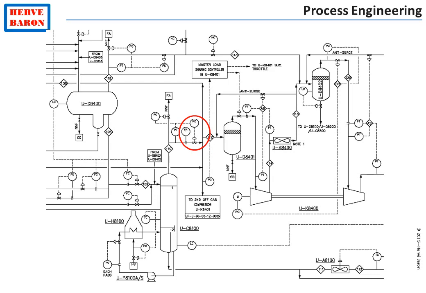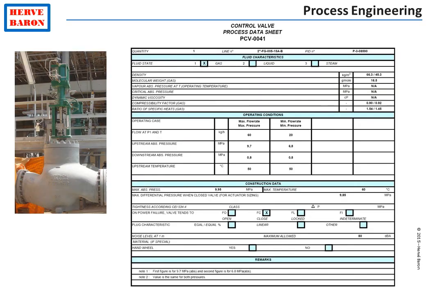Process must provide information on the control valves in order that they are properly sized by the vendor to cover the entire operating range. This is done by issuing the instrument process datasheet.